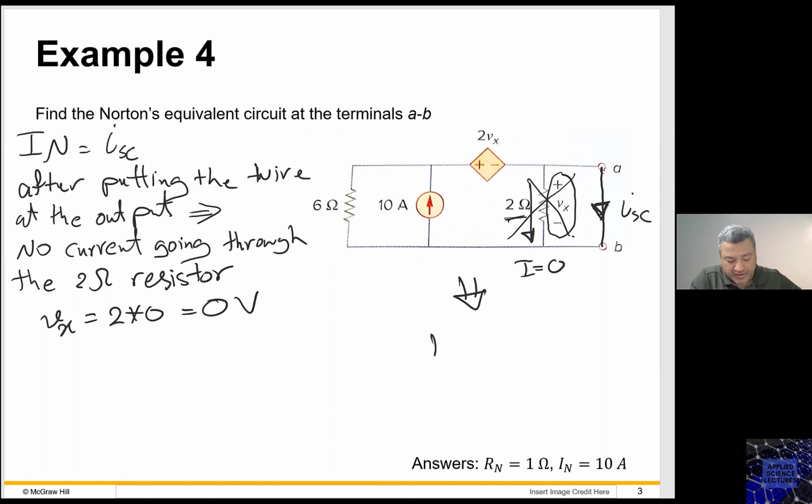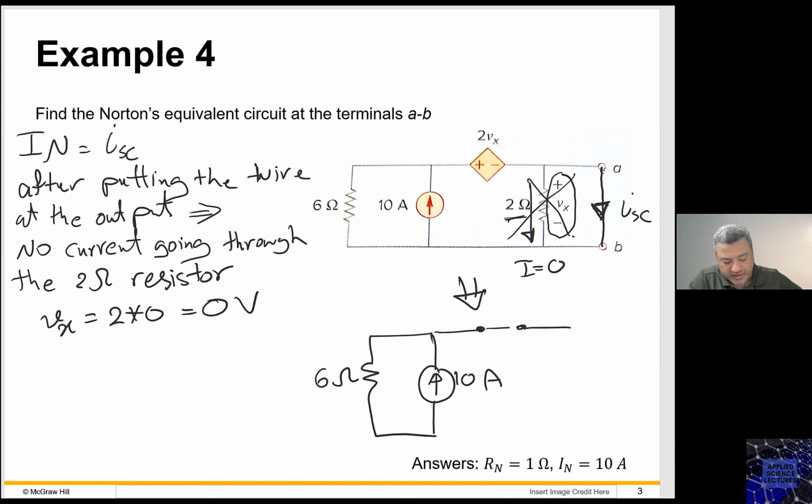So now I can redraw the circuit. I have here my current source, 10 ampere. I have my 6 ohm. Now this is going to be a piece of wire, as you said, because Vx is 0.